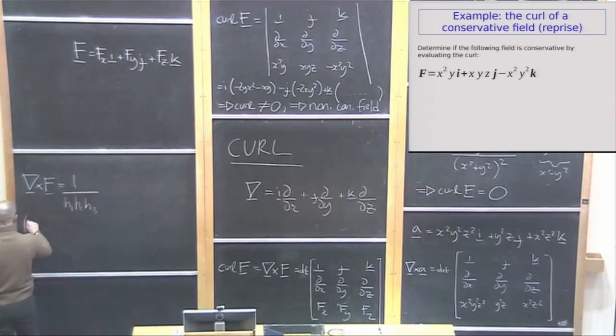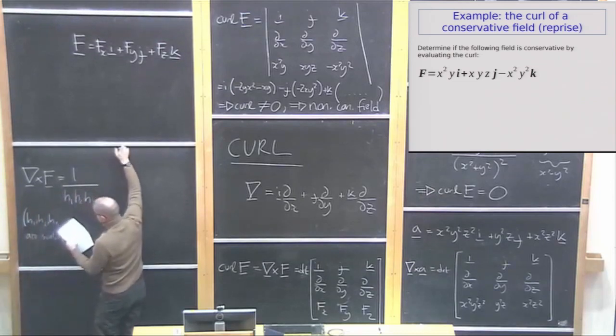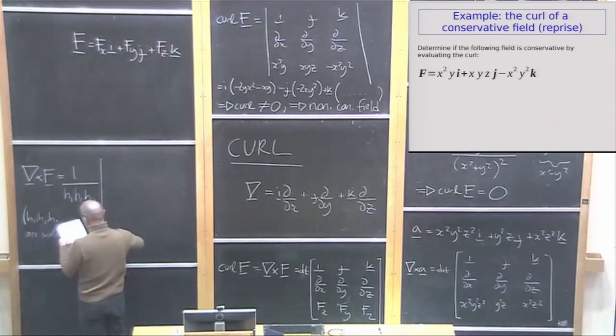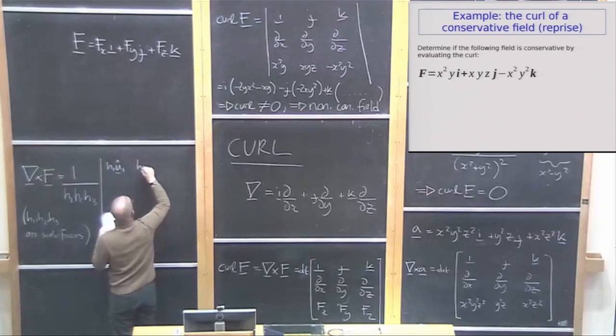So if h1, h2, and h3 are scale factors, then the curl in any arbitrary coordinate system is given by the following.